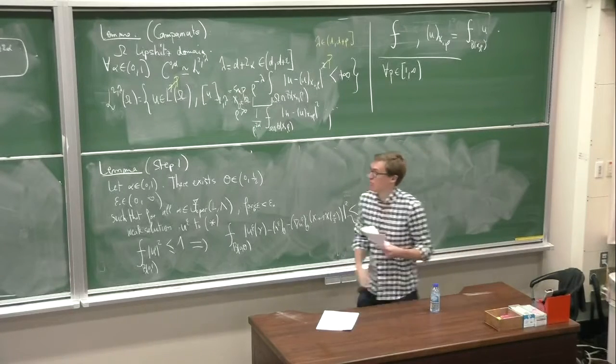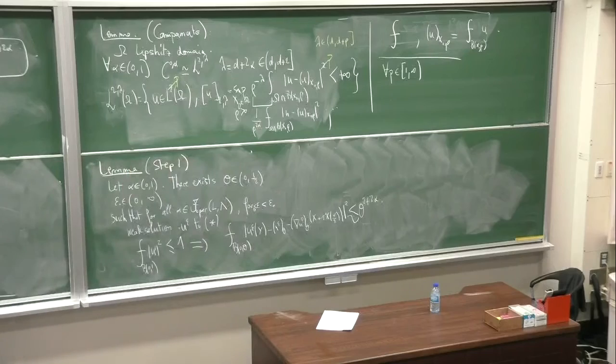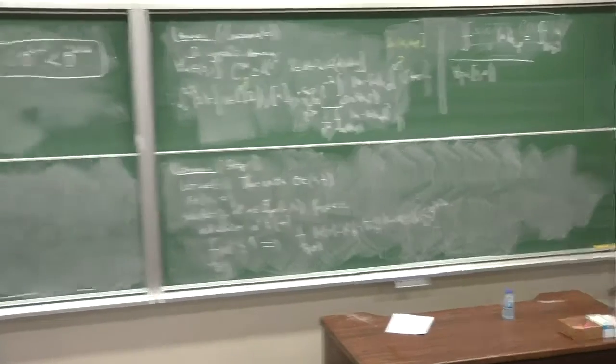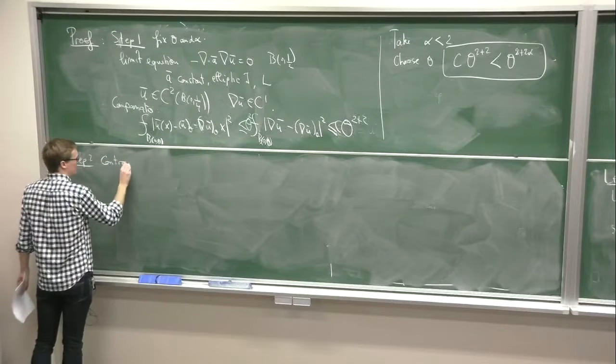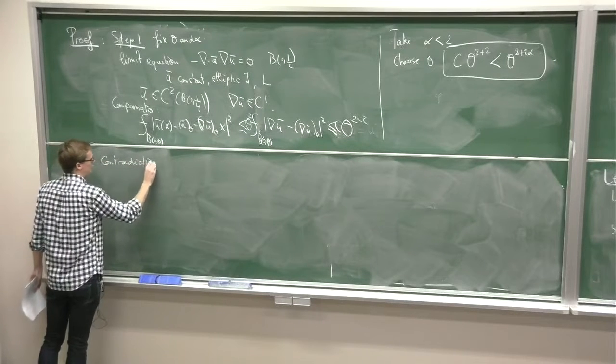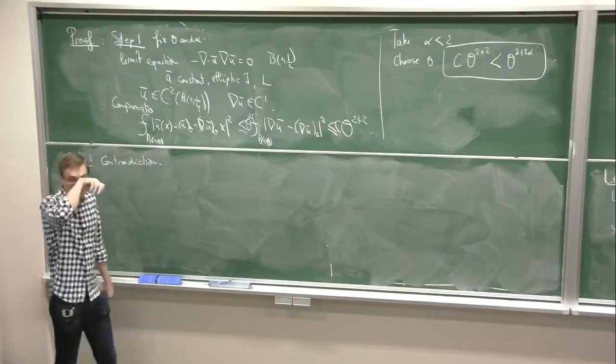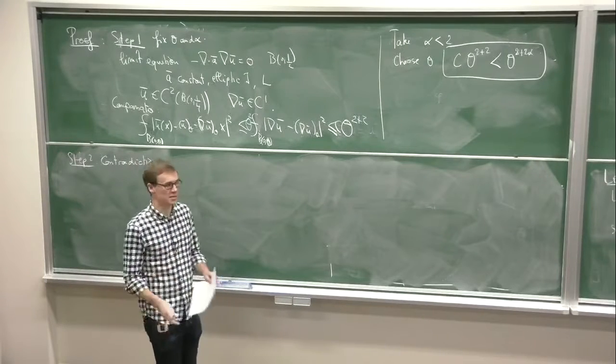So the second step of the proof is the contradiction step. And this afternoon we'll see exactly the same scheme, but for the Navier-Stokes equations.